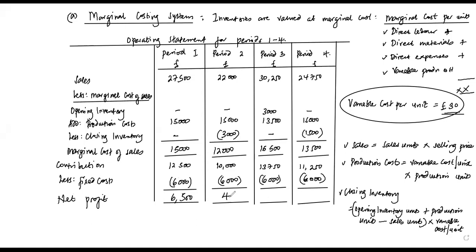This is 4,000. This is 7,750. And then this is 11,000 minus 6,000, this is 5,000. So that is your net profit under marginal costing, or what we call variable costing. That is your profit statement under this costing system.